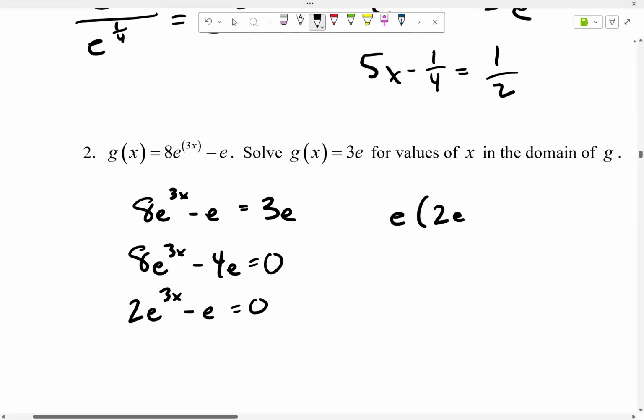Fine. So 2 to the... wait, and then you can divide by 2 ln. Wait, does that work? Because this is e to the first, isn't it?